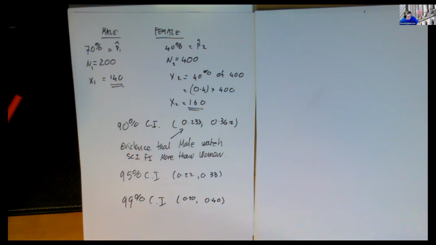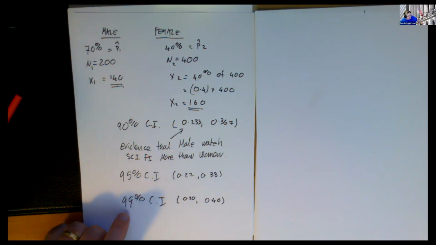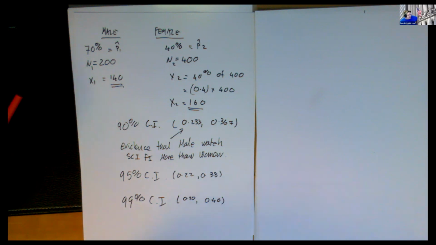And so when you do something in statistics, even at a 99% level, 1 in 100 times you're going to screw up. And people are going to say, but you said this was statistical evidence and all that other stuff, but you were wrong. And the answer is, yeah, you're right, I was wrong. 99% of the time I'm going to be right, but 1% of the time I'm going to be wrong.